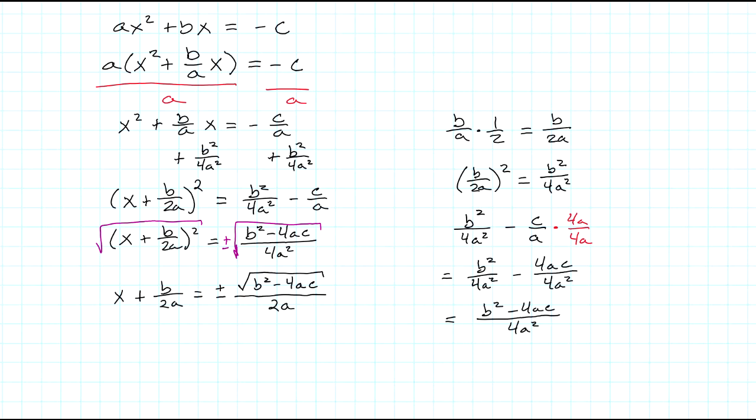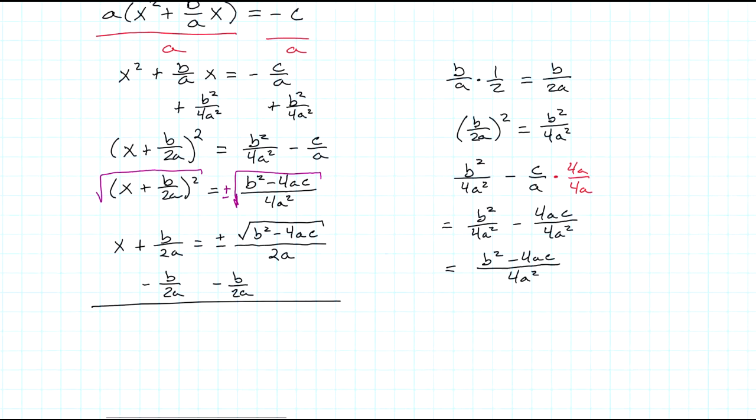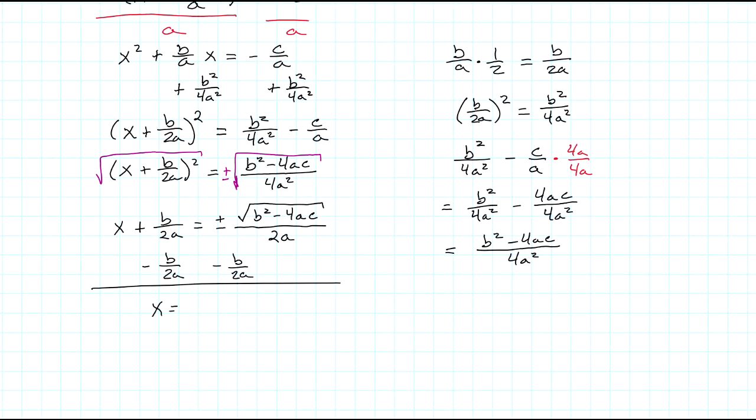So we're almost there. We just need to subtract the b over 2a from both sides. So minus b over 2a, both sides here. And we end up getting x equals negative b over 2a plus or minus the square root of b squared minus 4ac all over 2a.